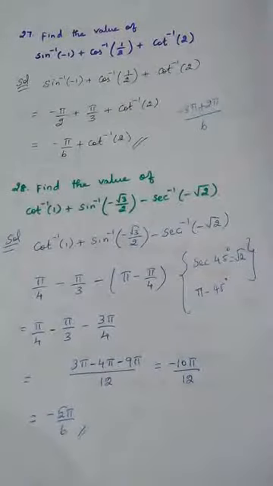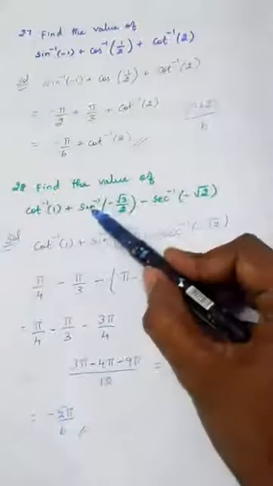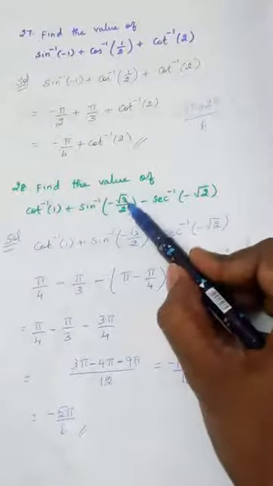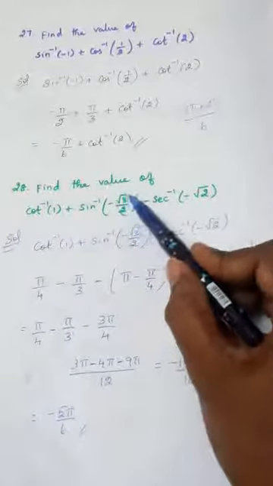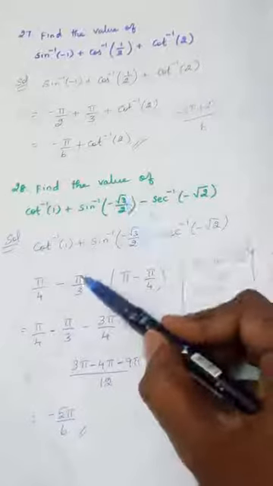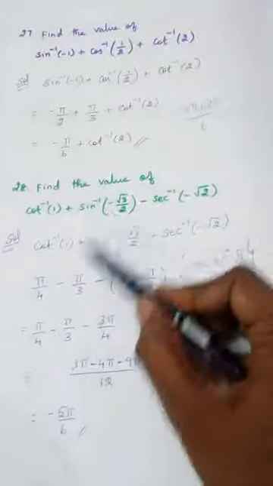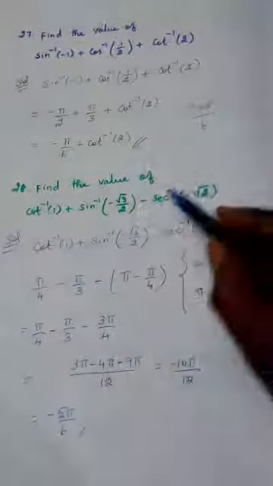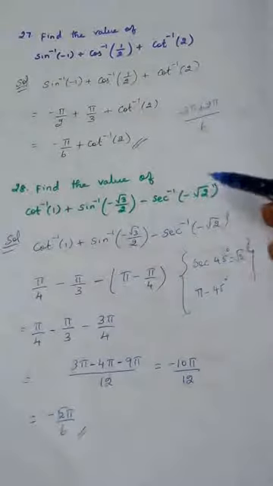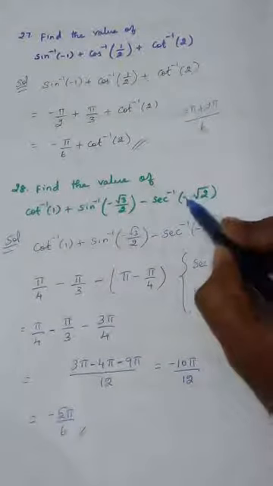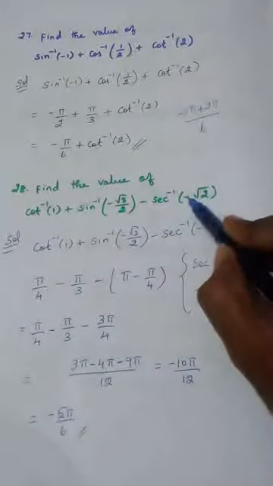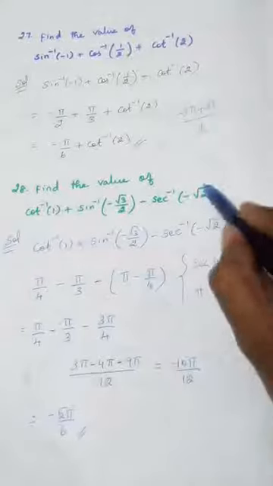Keep this in your mind very carefully. For sine inverse, just we will see what is the answer for root 3 by 2, 60 degree. Just add this minus symbol, that's all. But for secant inverse and cos inverse and all, if minus symbol is present, we cannot just add the minus symbol. What we have to do?